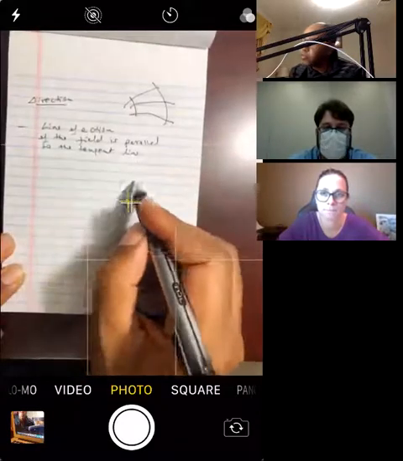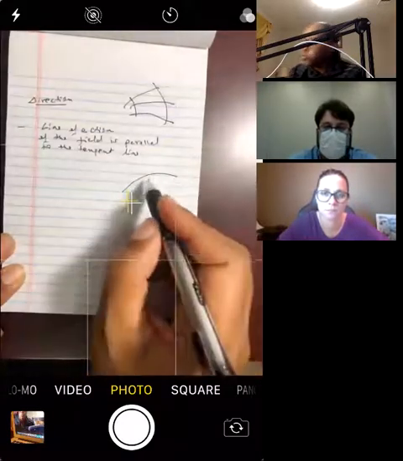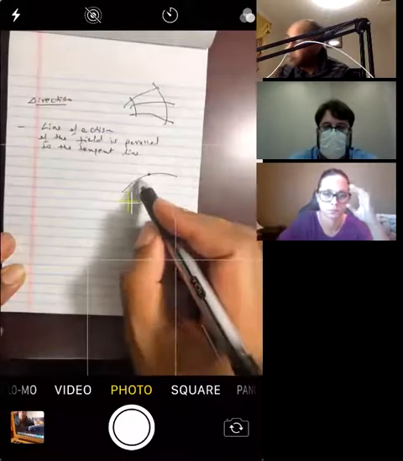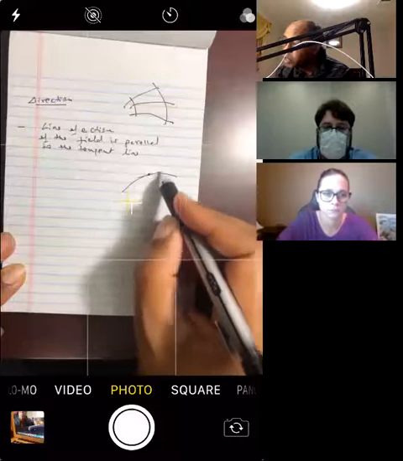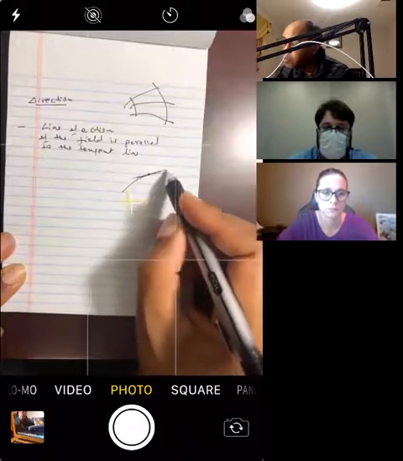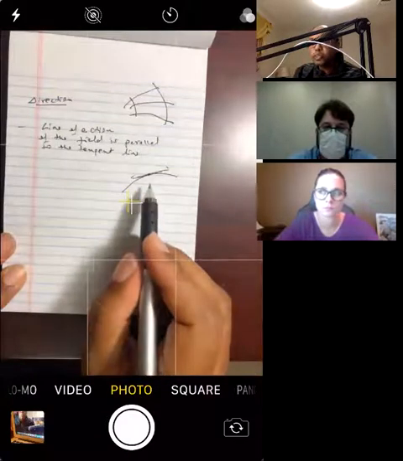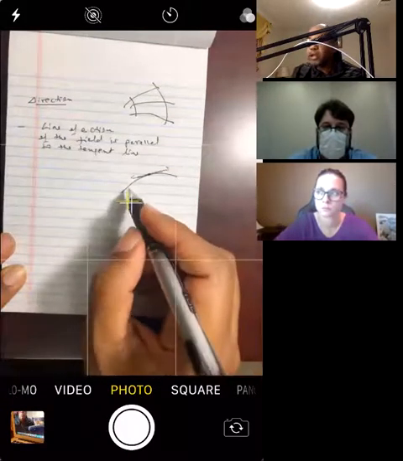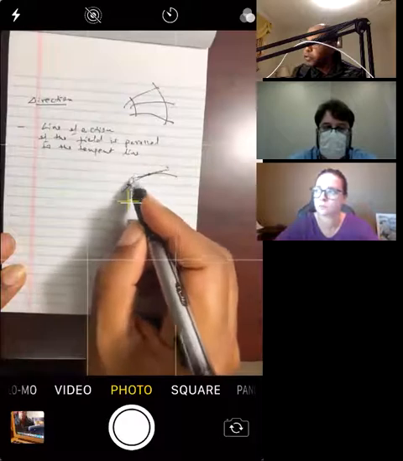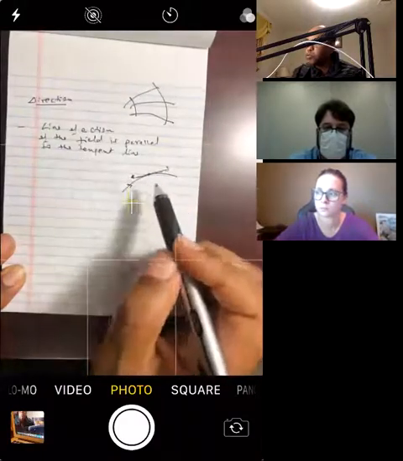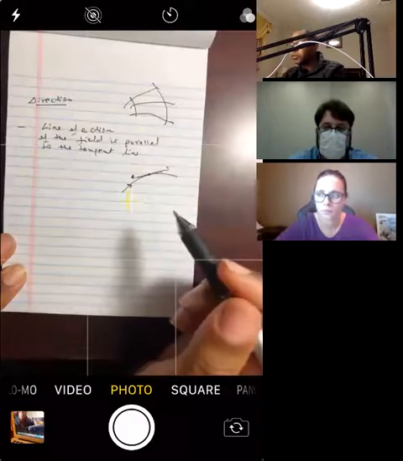Let's say you have this field over here, and you're looking for the direction of the field right over here. The line of action of the field is parallel to this tangent line. But it could be this way or this way. To distinguish between these two possible directions, you put an arrow on the line. So if I put an arrow over here, it means we pick this direction. With these two rules, you can determine the direction of the field.